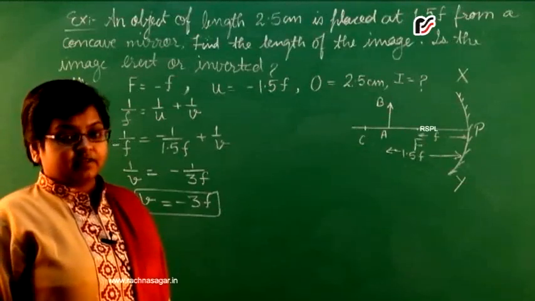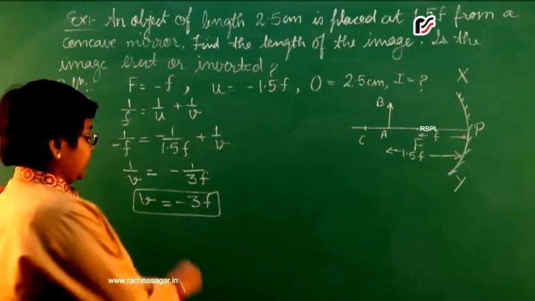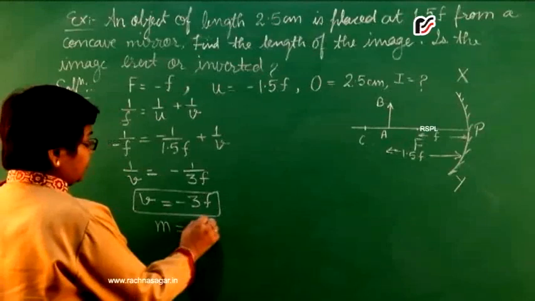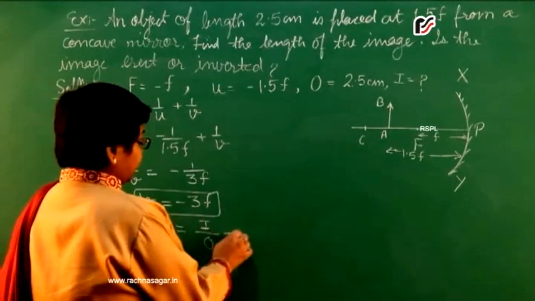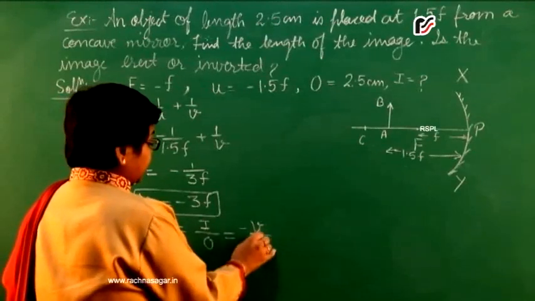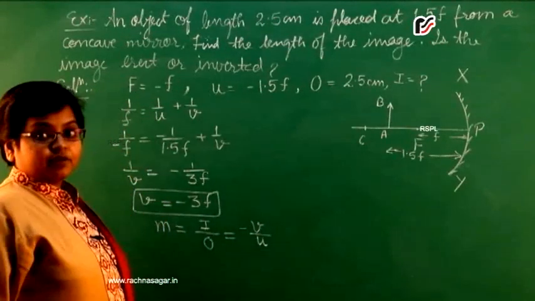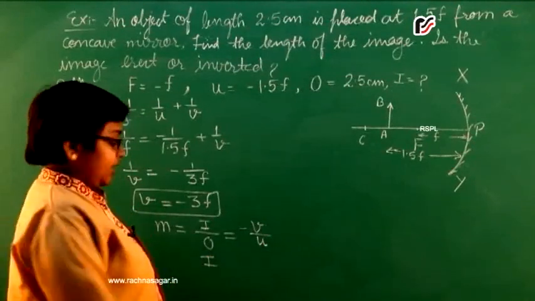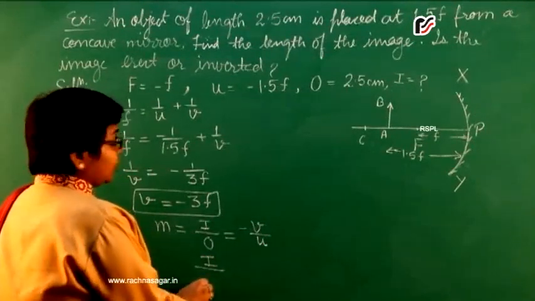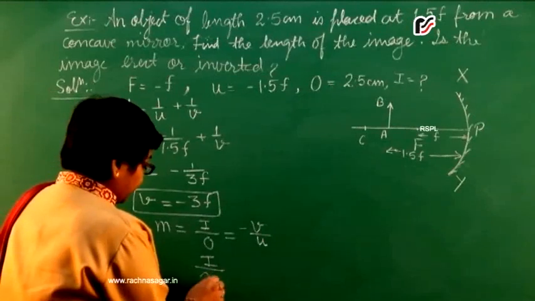Now we take the formula for the magnification. m equals I by O, which is again equal to minus v by u. We find the value of I. O is given as 2.5.